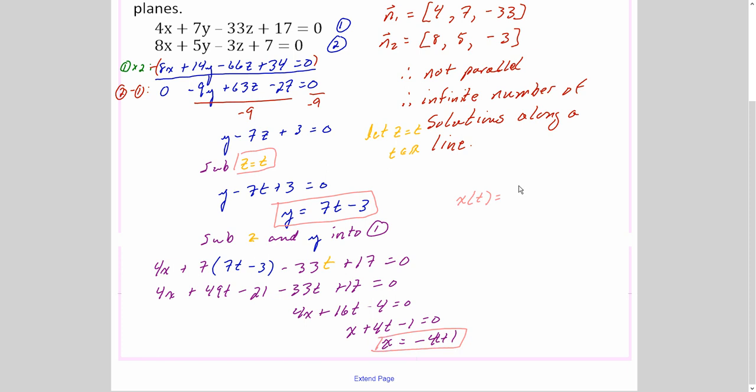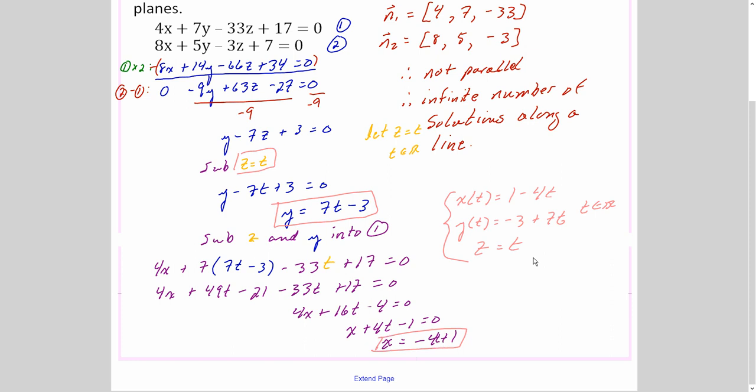And I'm going to write this in the more standard form where I put my constant first. So I'm going to go 1 subtract 4t, y at t is going to be negative 3 plus 7t, and then z equals t, where t belongs to any real number.